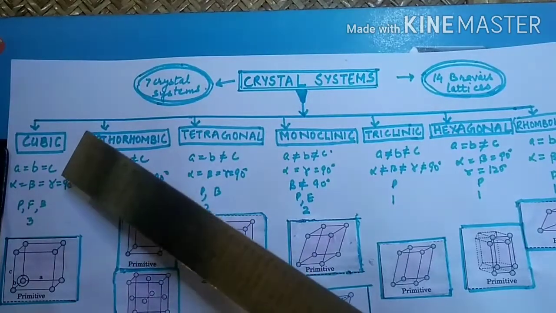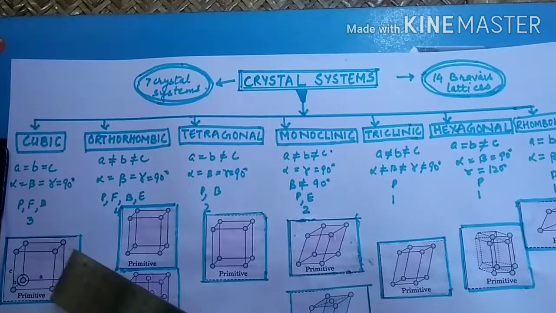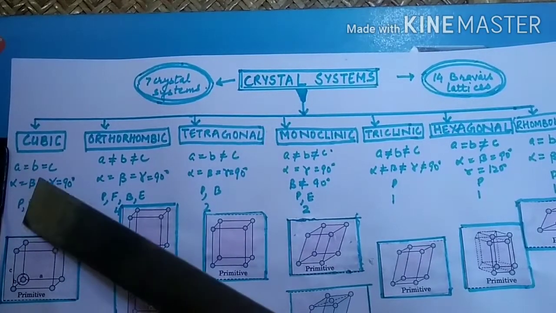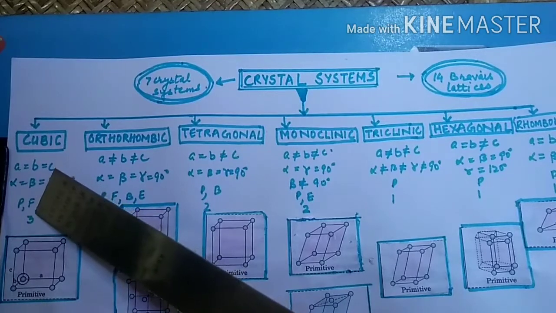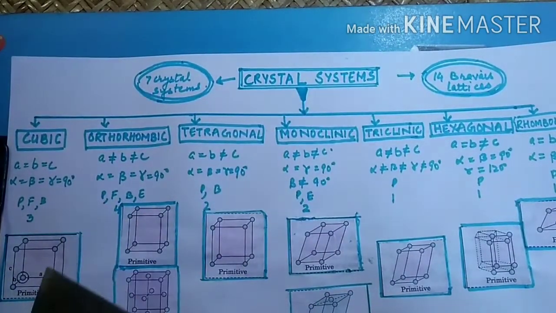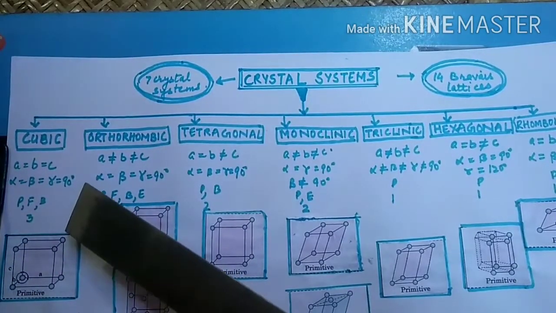Now in cubic crystal system, we have all three types of unit cells: primitive, body-centered and face-centered. P stands for primitive, F for face-centered and B for body-centered. So there are three types of unit cells in the cubic crystal system.